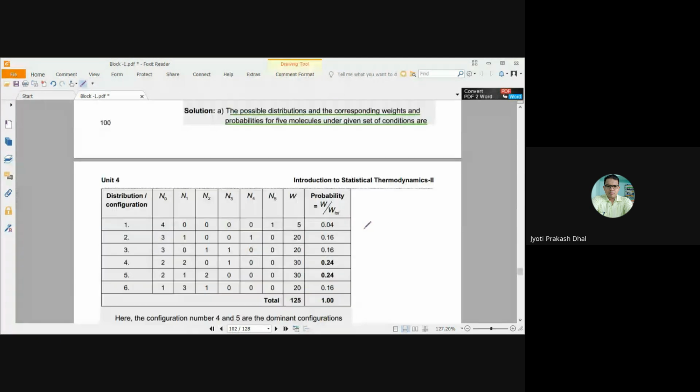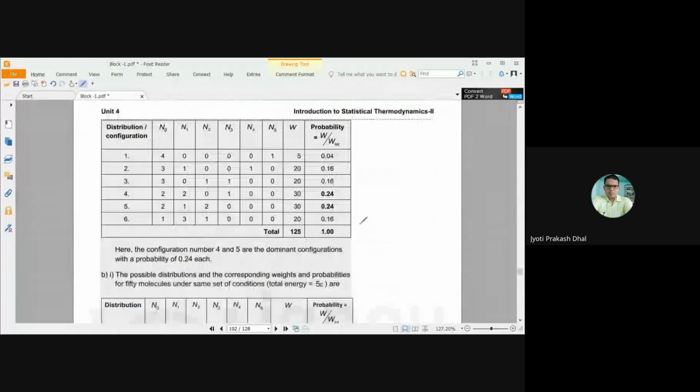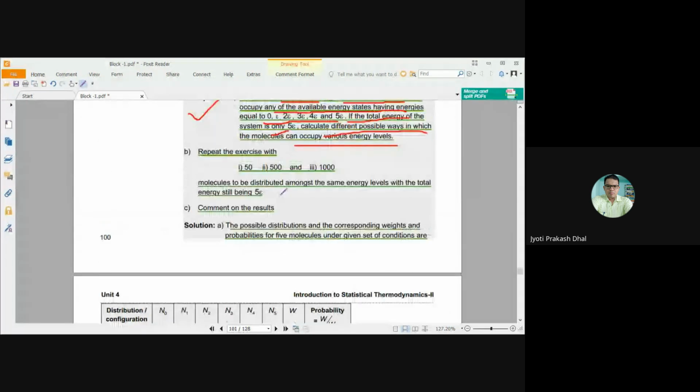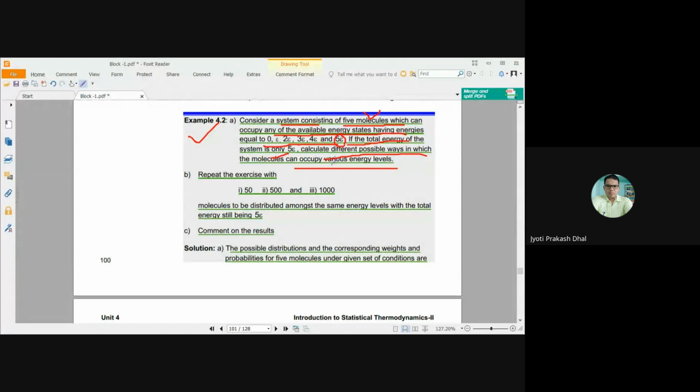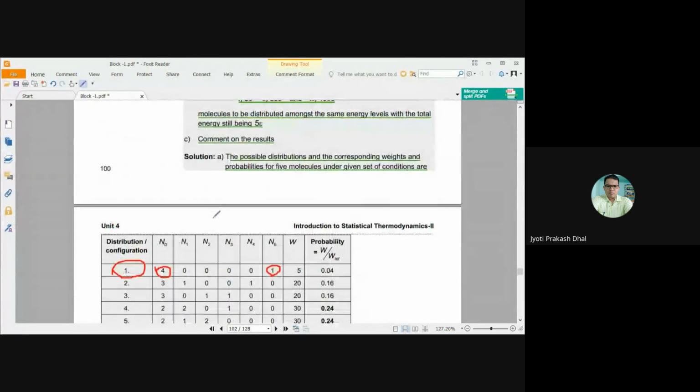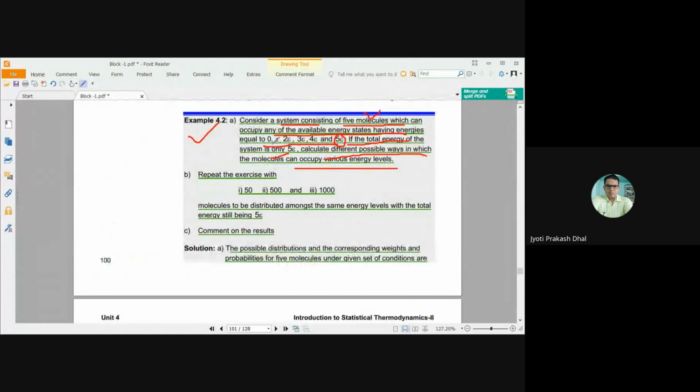So here we will apply the formula and do the numericals. So for distribution 1, 1 molecule will be present at N5. N5 means the energy level is 5 epsilon. And the remaining 4 molecules will be present in N0. N0 means the energy level having 0 energy.